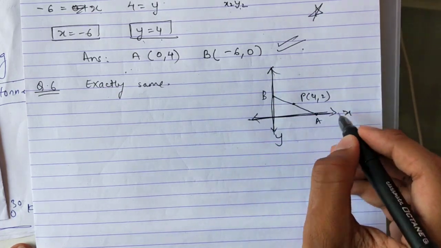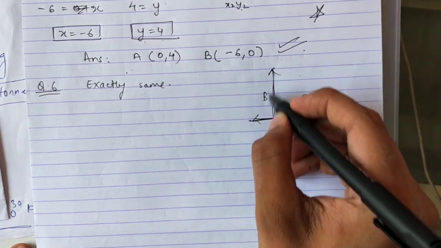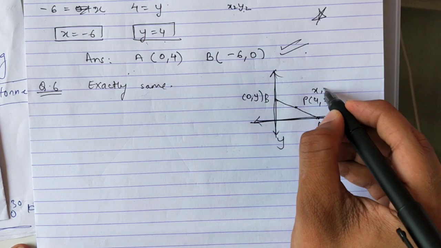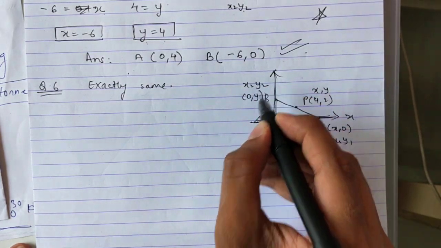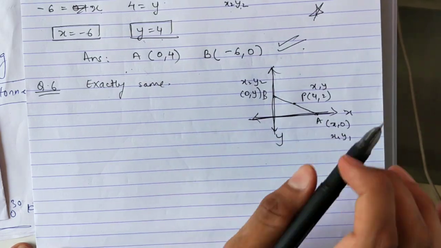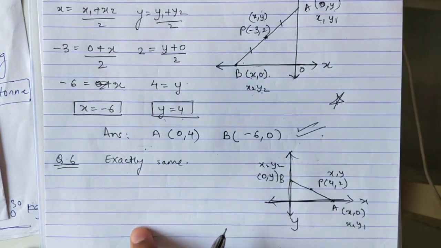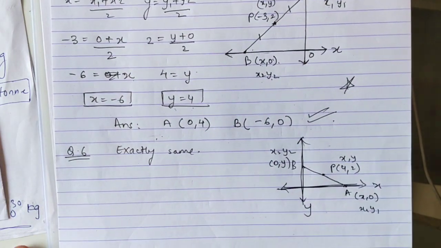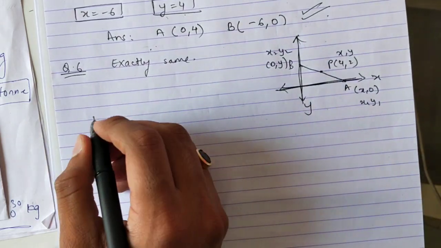So A is on the x-axis, so this point will be x comma 0, and B is on the y-axis, so this point B will be 0 comma y, and this is x comma y. Take this as x1 y1, x2 y2. Use the same method which we did in this sum. Same method, find x, find y, and write the final answer. I hope you will be able to do this sum. If any doubts, you can message me.